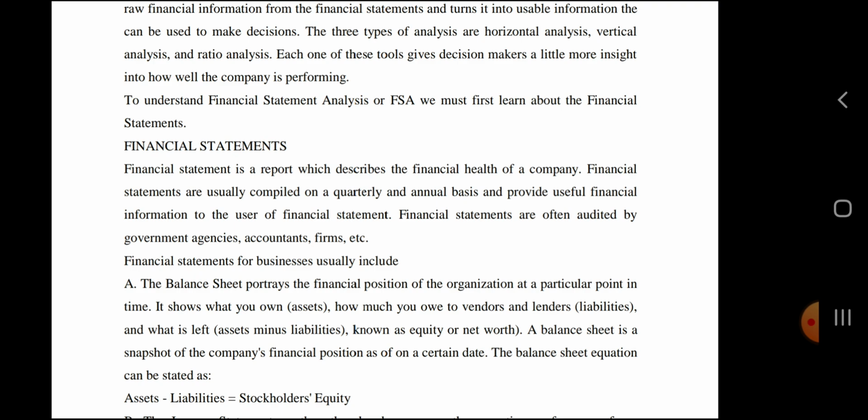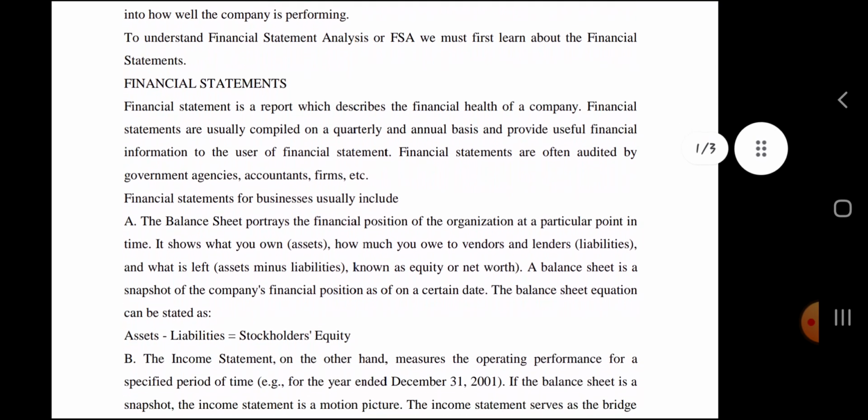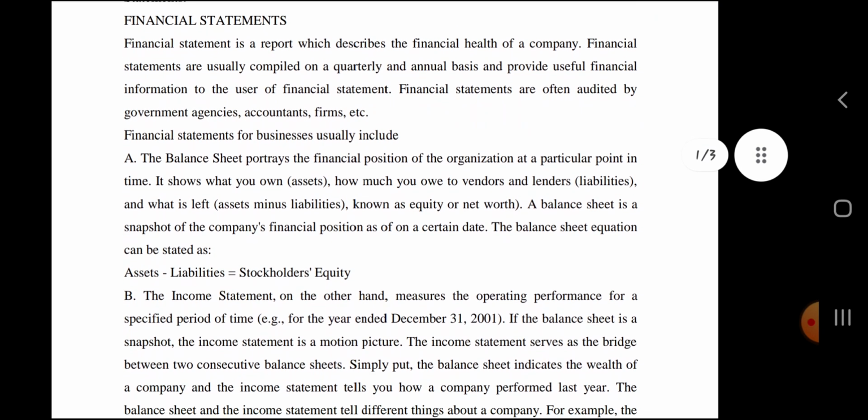Okay, for those persons the financial statement presentation is very important for knowing the profitability and financial position of the business organization or the company. Okay, and financial statements are audited by government agencies, accountants, or any firm. Okay, maybe chartered accountants.